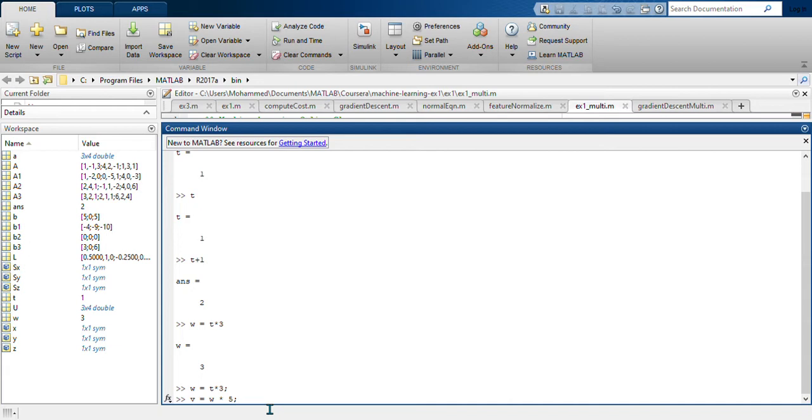So now what will happen is the value of w, which is now 3, will get multiplied by 5. So 3 into 5, 15, and that will get stored in the variable with the name v.